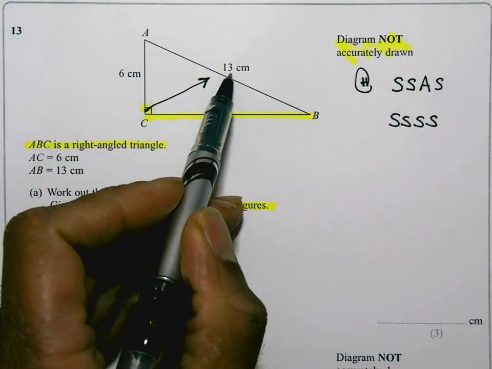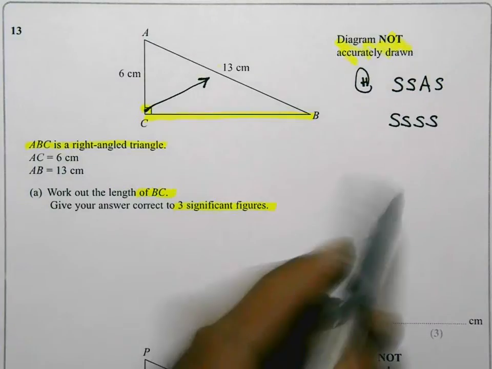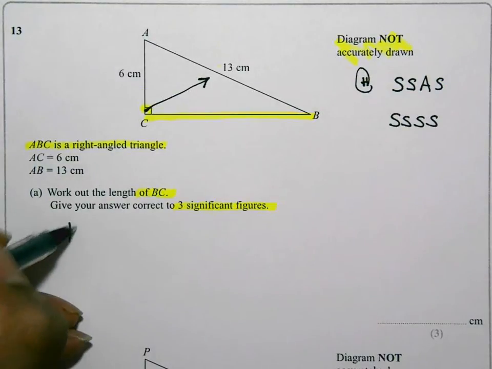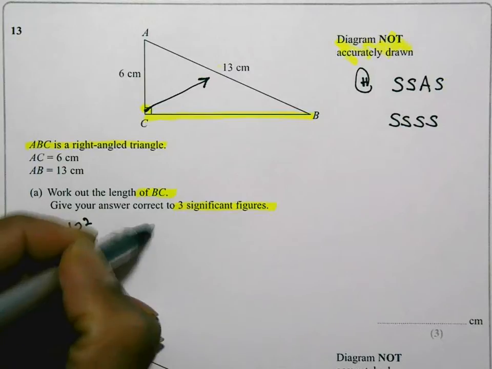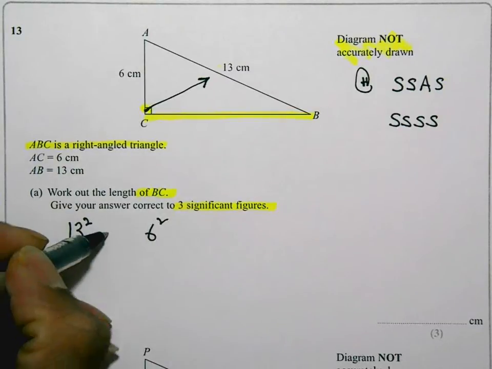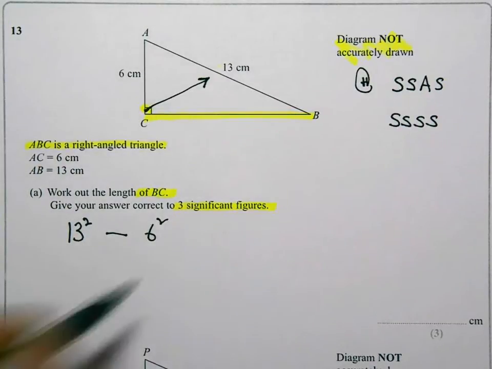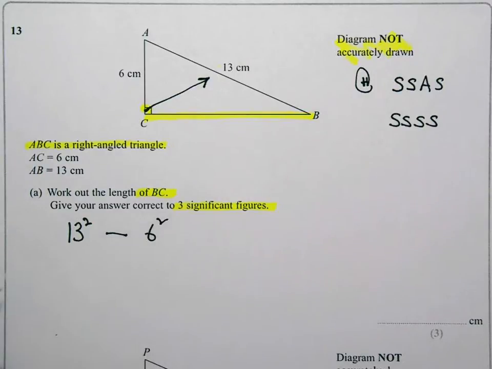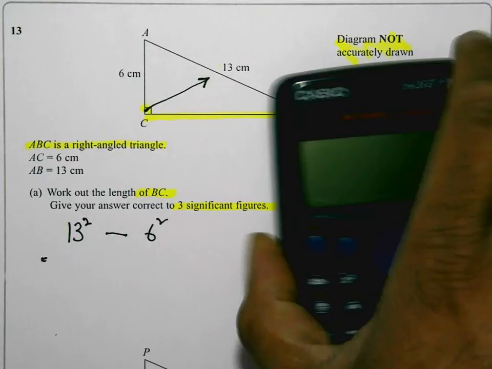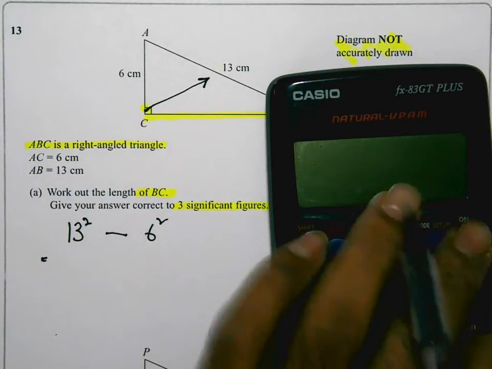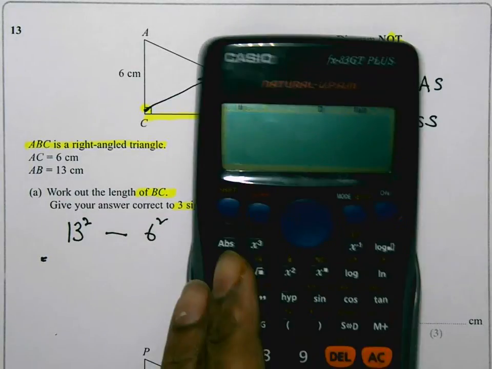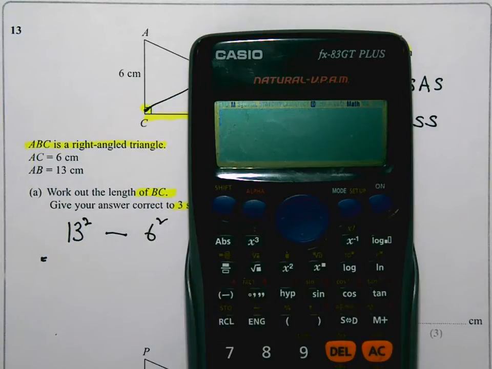I want to work out one of the other sides, so I'm going to square these numbers, 13 squared, 6 squared, and then I'm going to subtract it, and the answer that I get, eventually I am going to square root it. So 13 squared, if you get your calculator, you should know what this is. Right, you should know what 13 squared is, but if you don't, it's a calculator paper, so you can always work it out. 13 squared equals 169.